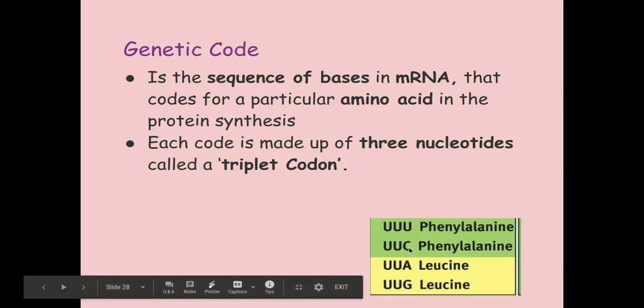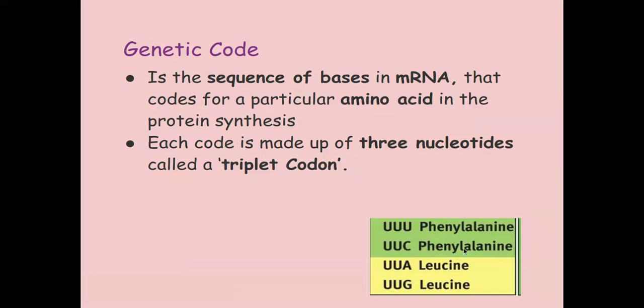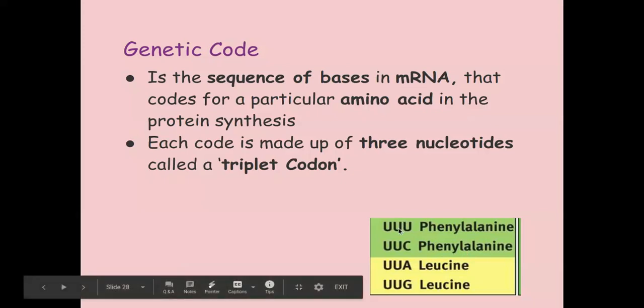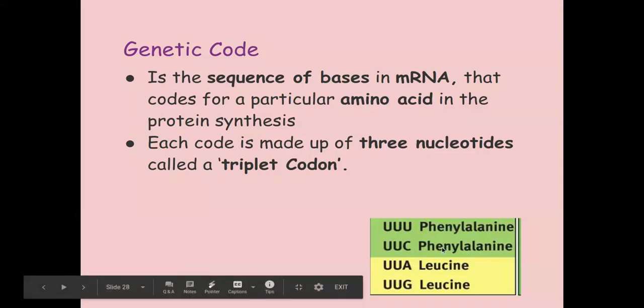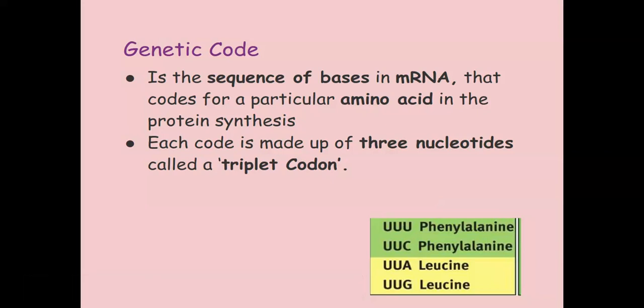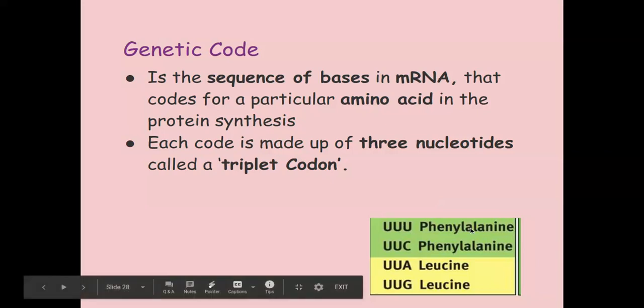Similarly, for phenylalanine, you have UUC also coding for the same amino acid. So keep in mind that although it is one code for one amino acid, you can have the same amino acid coded by different codons. So you can see here, same amino acid coded by different codons. So this is to be kept in mind.